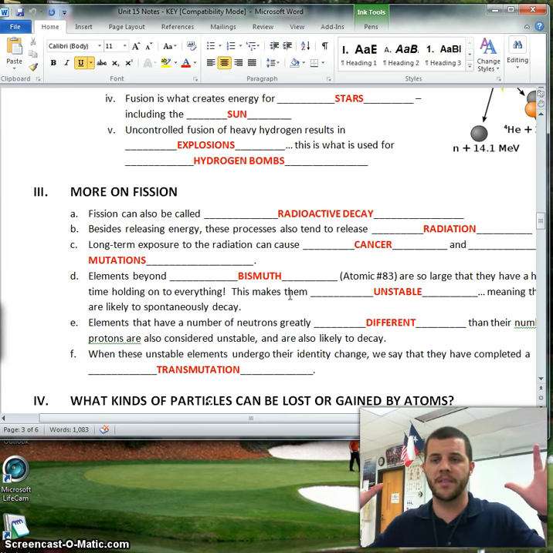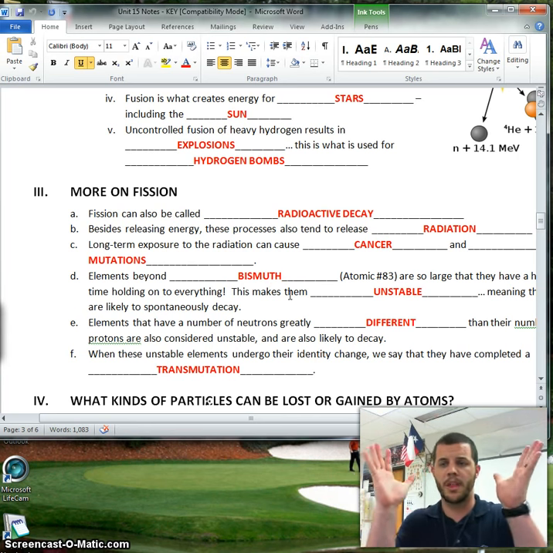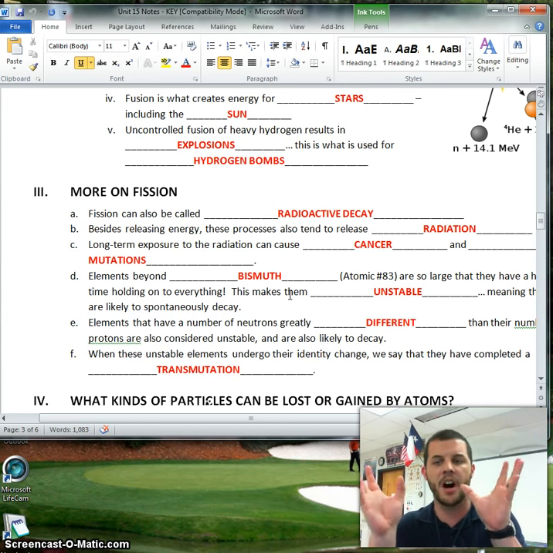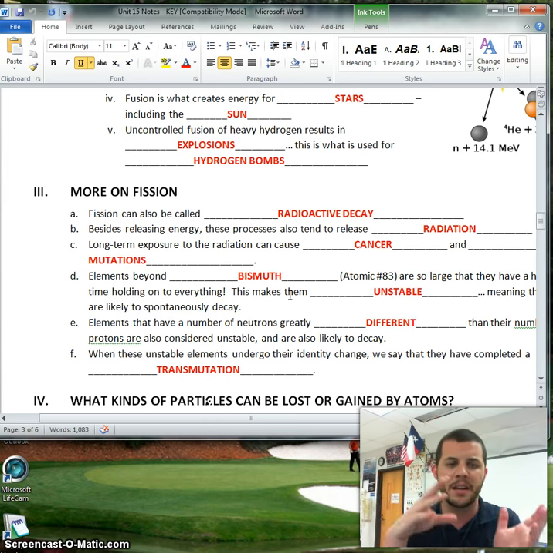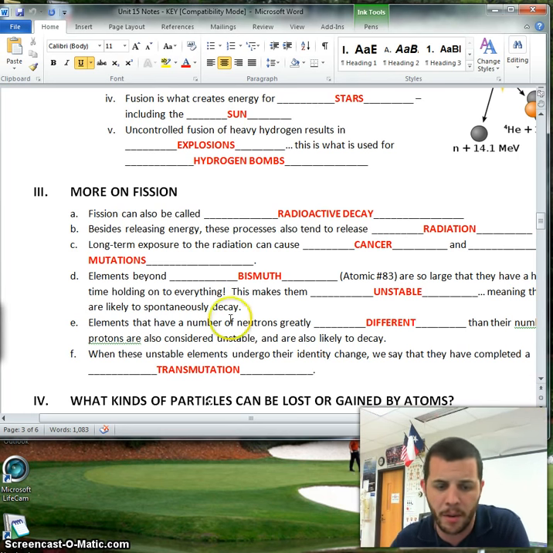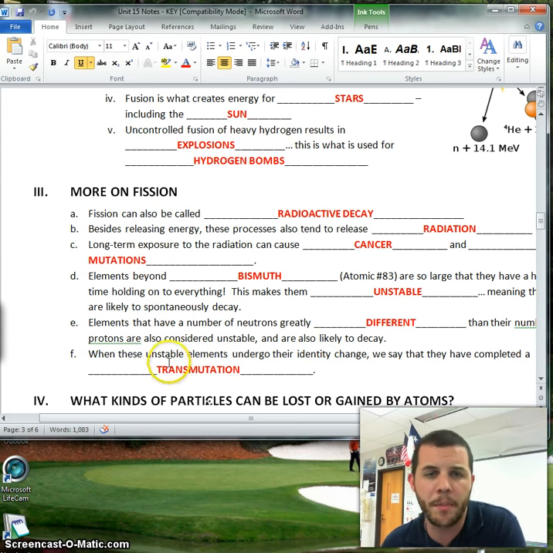It's kind of like that nucleus is trying to hold on to so many protons and neutrons that it can't hang on to all of them. And so it wants to let part of it go. That's going to be that radioactive decay, which we're going to talk about on the next video. But either way, that's when these large nuclei break down. That's called transmutation. We're going to take a look at that on the next video.